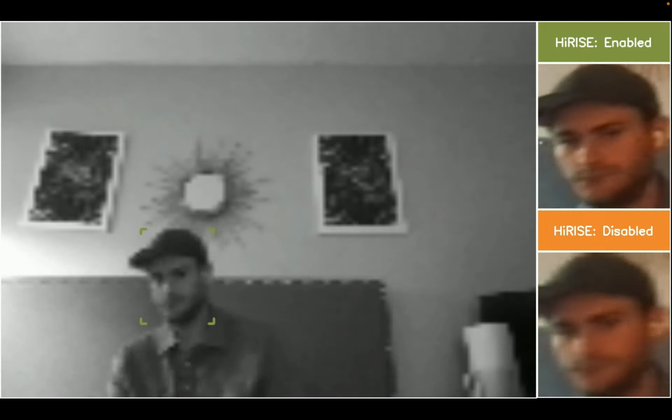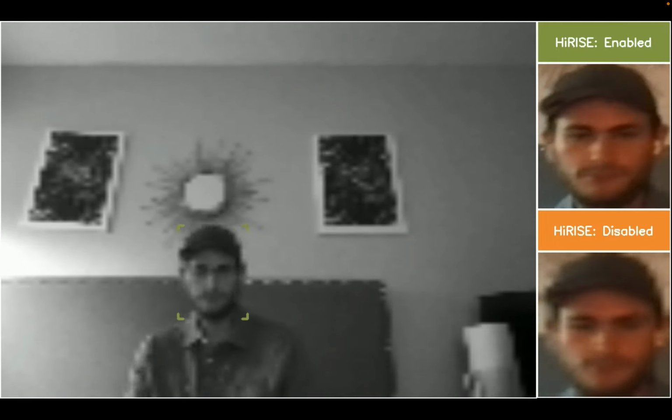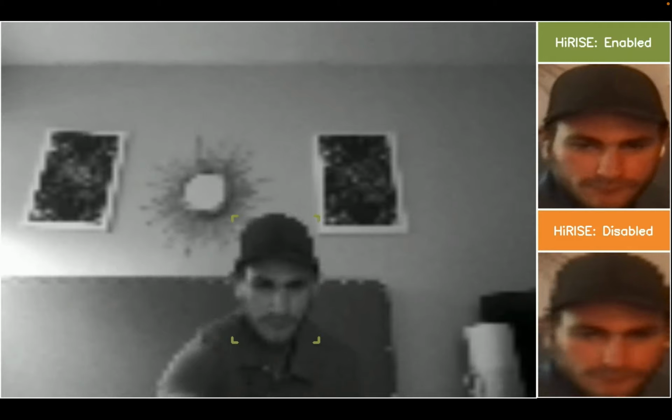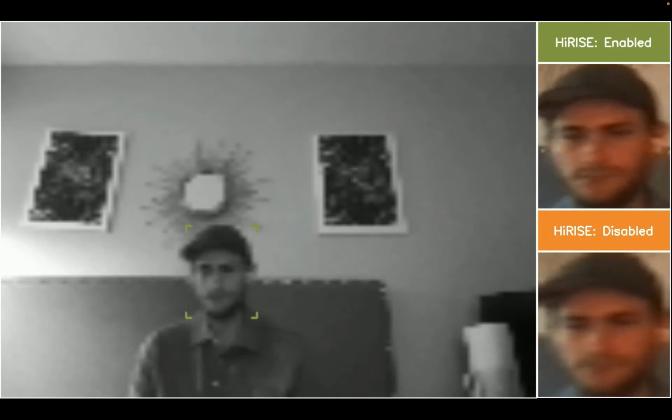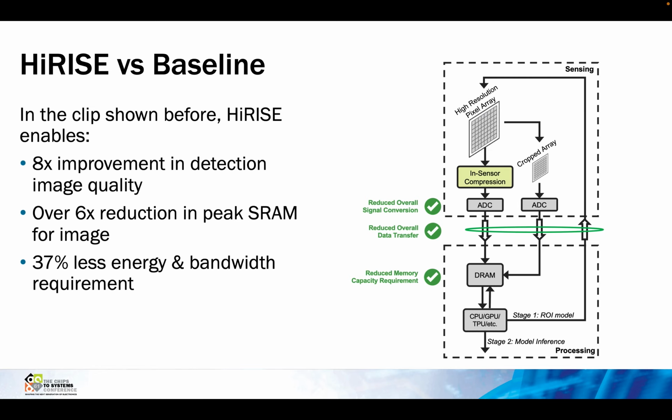You can see that the HiRISE enabled system has better image quality than the HiRISE disabled system. Not only is the image quality better by 8 times, but we also reduce the peak SRAM required for the whole system. There's also 37% less energy and bandwidth requirement using HiRISE.